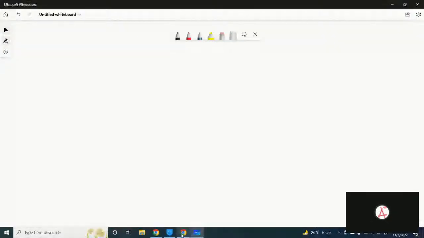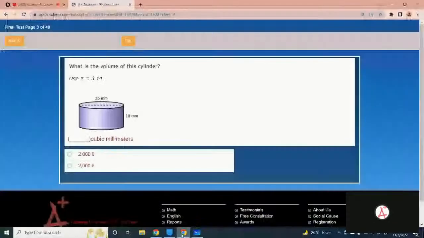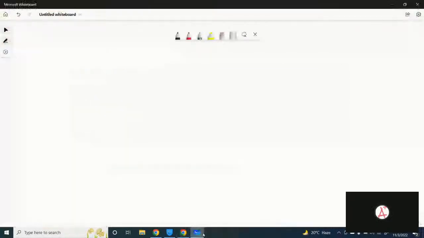The measurements are 16 mm and 10 mm. The diameter is 16 mm, and the height is 10 mm. So you have to find the volume of the cylinder.